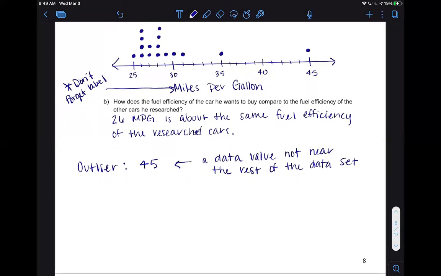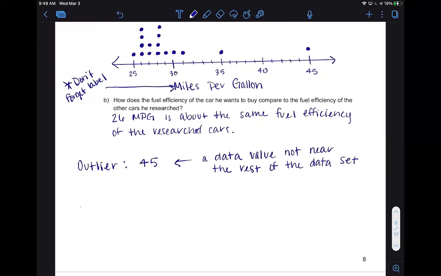The next vocab we're going to look at is a cluster. I'm going to give you the definition first. A cluster is where the majority of data lies or falls.